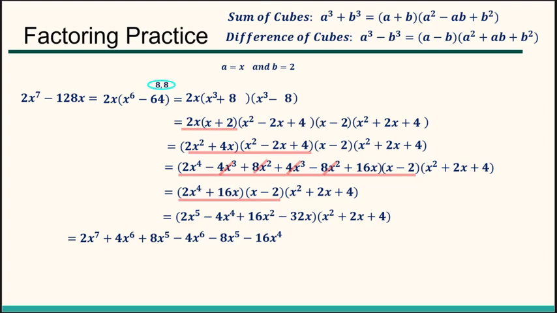Watch your signs on this. Easy to make a mistake. Next, going for the 16x squared, I'll get 16x to the 4th plus 32x cubed plus 64x squared. Then distribute that minus 32. Minus 32x cubed plus 64x squared minus 128x.